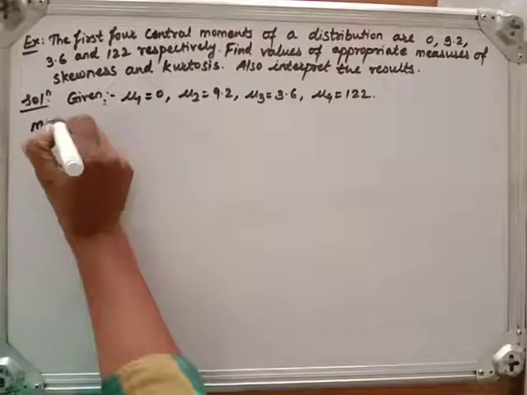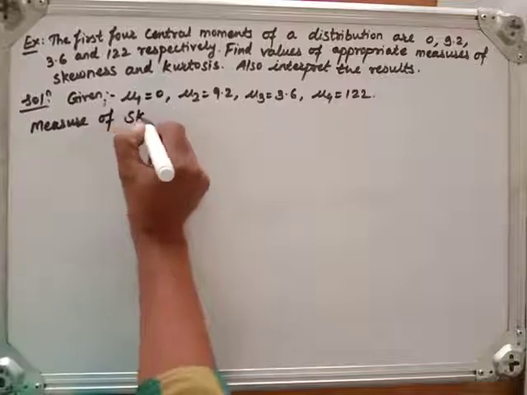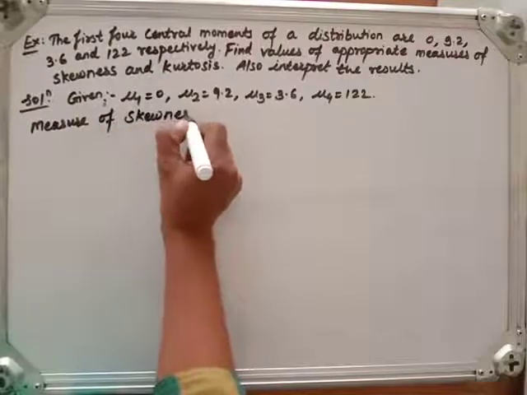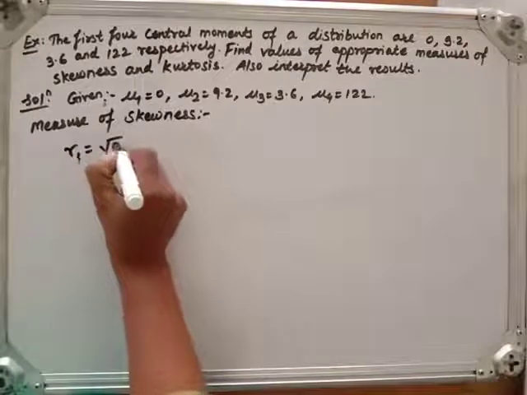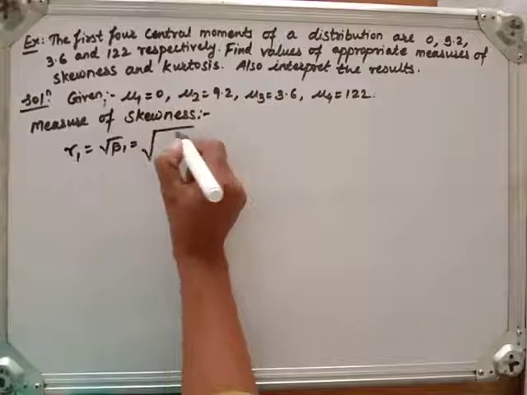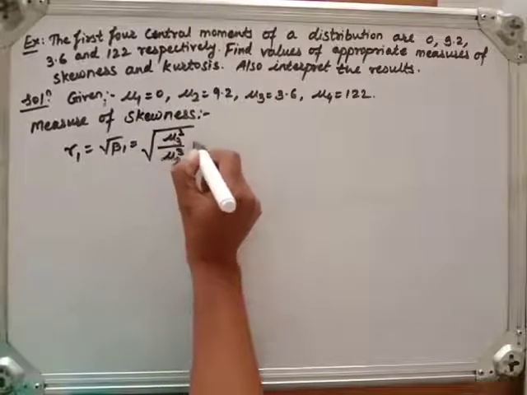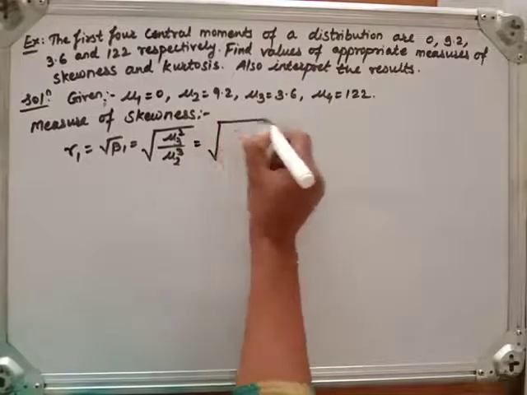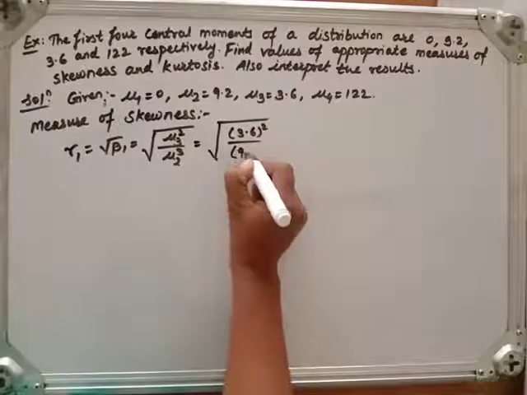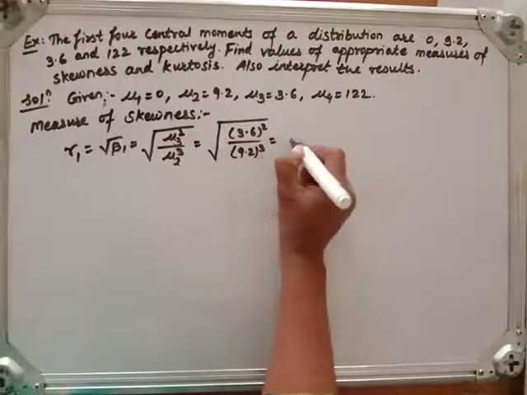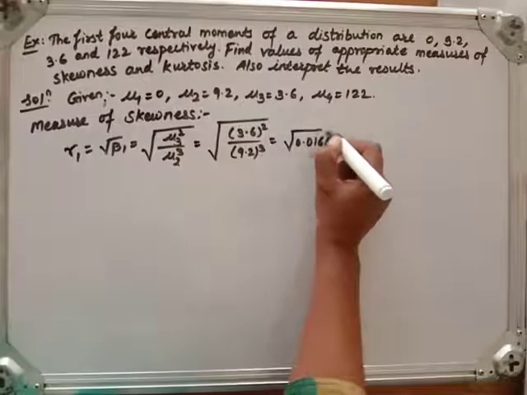So measure of skewness is gamma 1, which is root of beta 1, that is root of mu3 square upon mu2 cube, that is equal to root of 3.6 square upon 9.2 cube, and that is root of 0.0166.